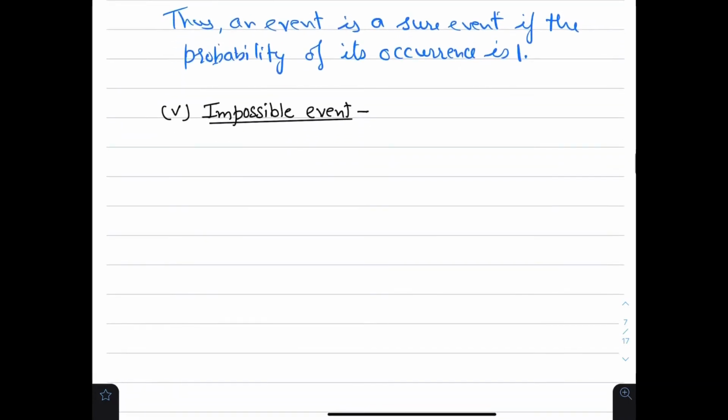Next one, impossible event. Now let us consider throwing a die again and getting a number greater than 6 as an event.